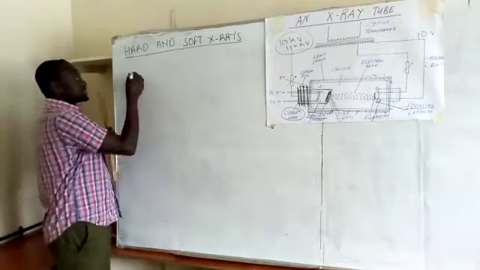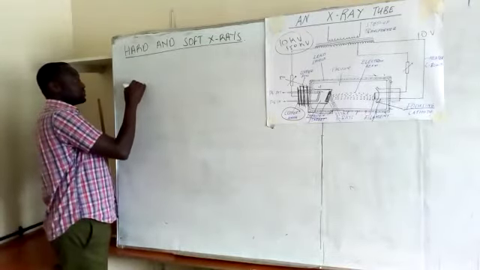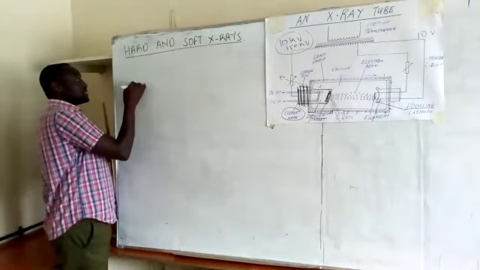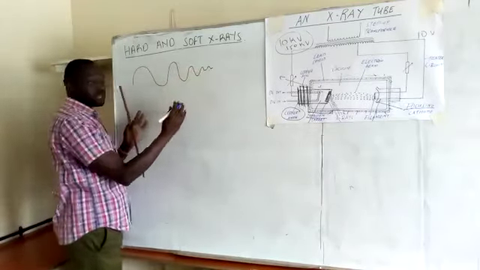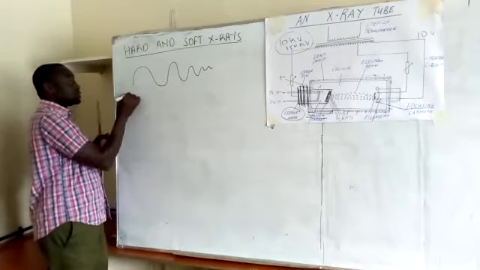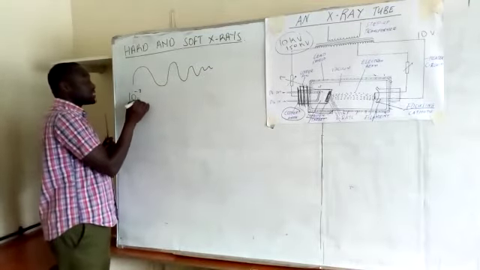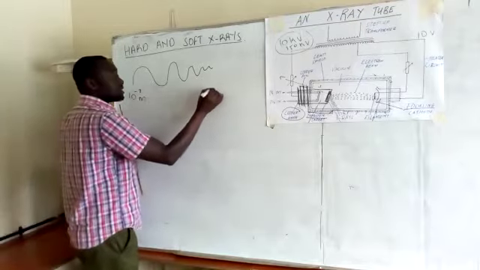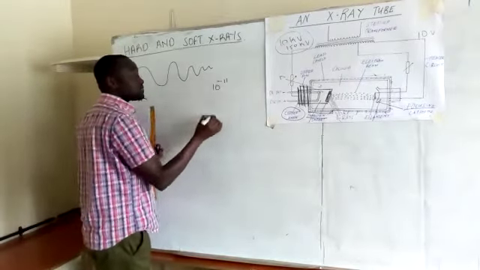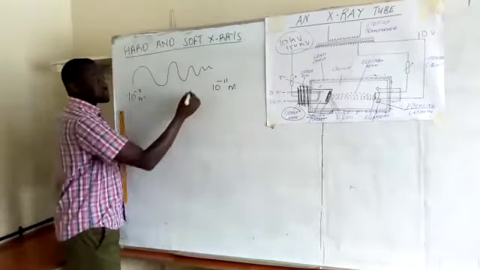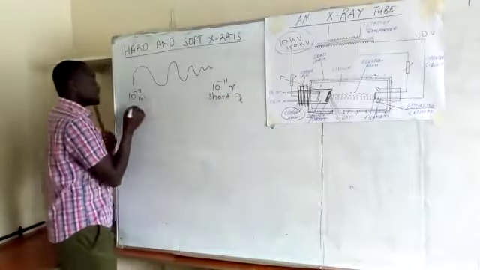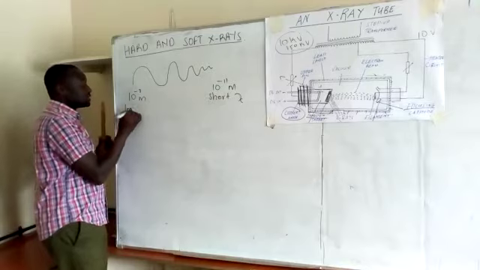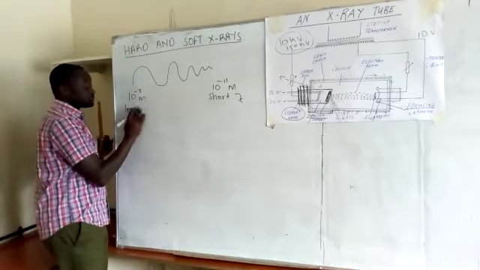In this case, if we take the X-rays, the wavelength will exist within a certain range where it will vary from 10 to power negative 8 meters all the way to 10 to power negative 11 meters.